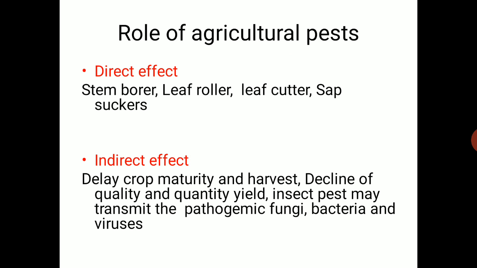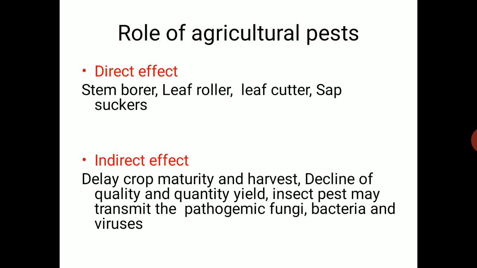Some insects consume the stored food material, actually stored grain, while some insects attack directly the underground tubers and affect the growth, for example the potato beetle. Many other examples are also there which are related to sap-sucking insects.